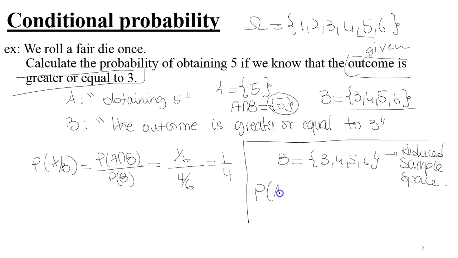If I want to find the probability of A given B, I need to find the chance of occurrence of A in B. So we first need to look for the intersection of A and B inside B. Well, over here, 5 is the outcome relative to A. So the chance of A occurring in B is 1 out of all 4. So we reach the same probability from the perspective of the reduced sample space.